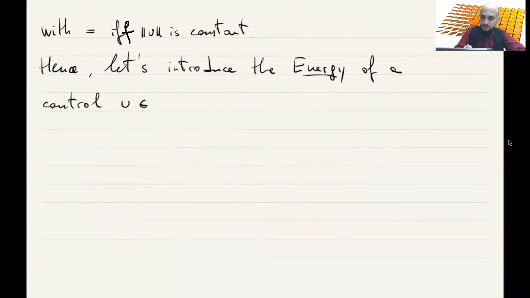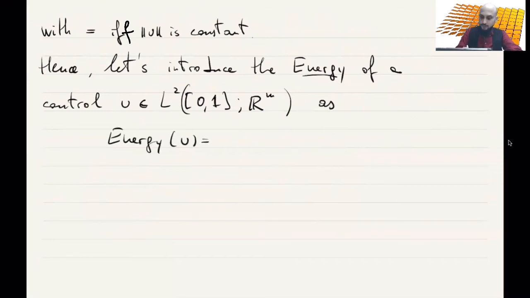So the elements in L2 of 0, 1 valued in Rm are called controls. And their energy is defined as, okay, the energy of u is by definition 1/2 of the integral of u squared.